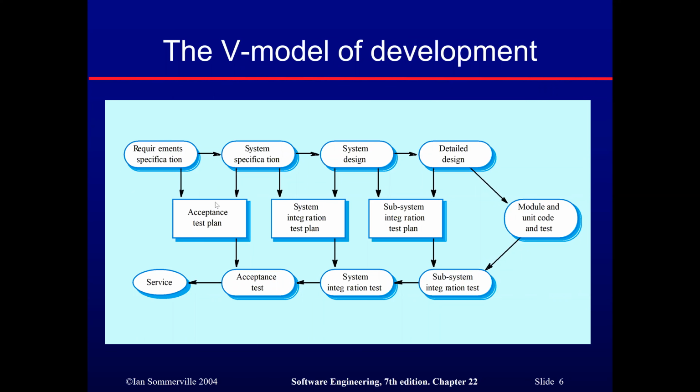This is the document that describes what should be the standards of the acceptance test. Further, the system specification is an activity that supports the preparation of the acceptance test plan.